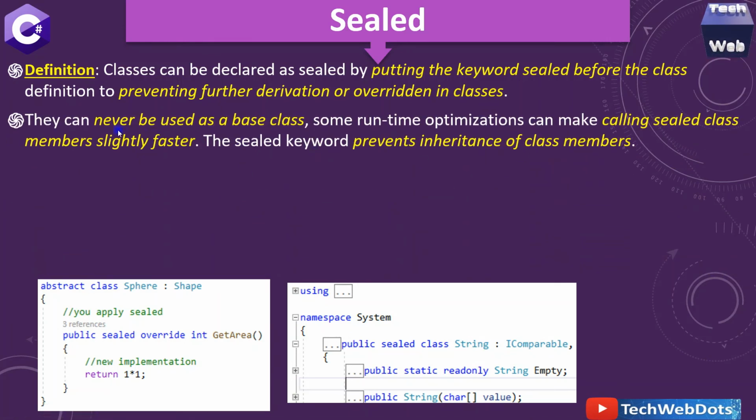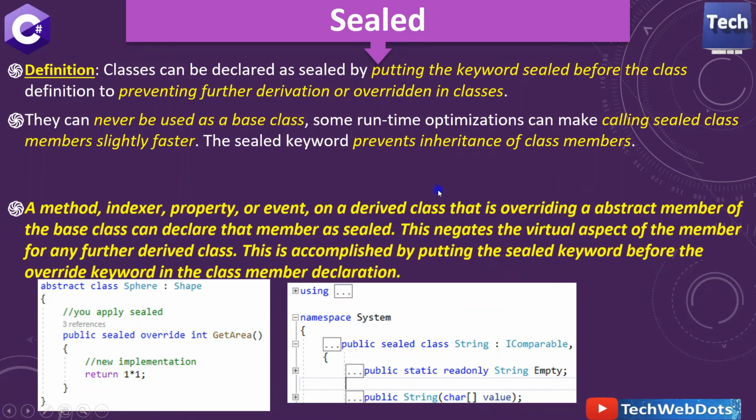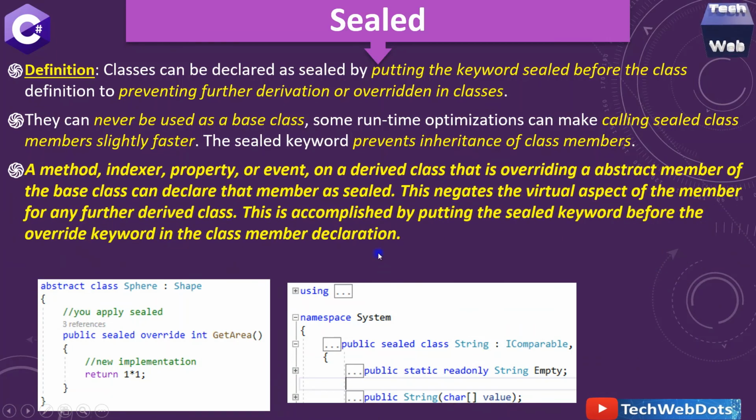Let's take a few more important points. They can never be used as a base class. Some runtime optimization can make calling sealed class members slightly faster. The sealed keyword prevents inheritance of class members. Now, a very important point is that a method, indexer, property or event on a derived class that is overriding an abstract member of the base class can declare that member as sealed. This negates the virtual aspect of the member for any further derived class.